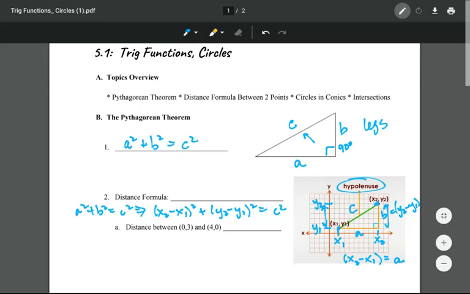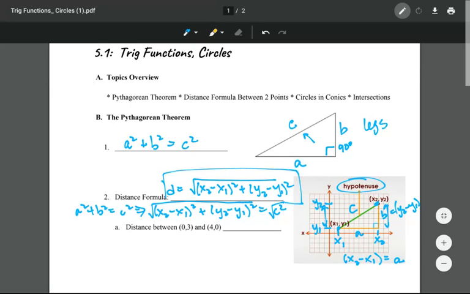If I take a square root on both sides, I get my distance formula. So the distance, c, but I'll go ahead and write it as d, is equal to the square root of the difference in the x's, (x2 minus x1) squared, plus the difference in the y's, (y2 minus y1) squared.